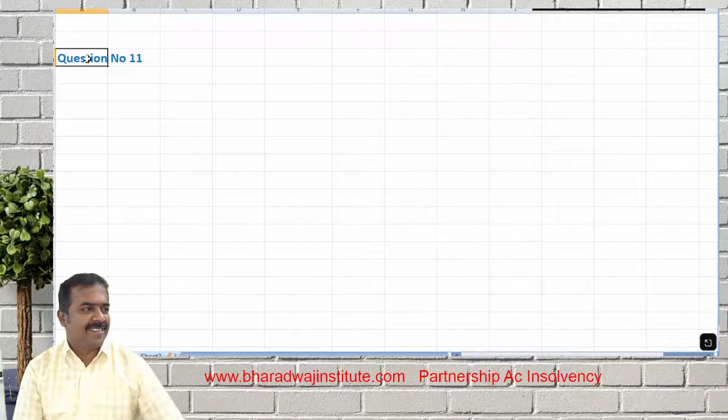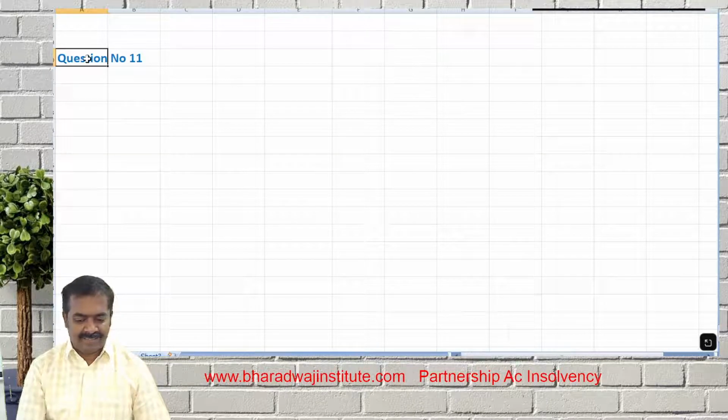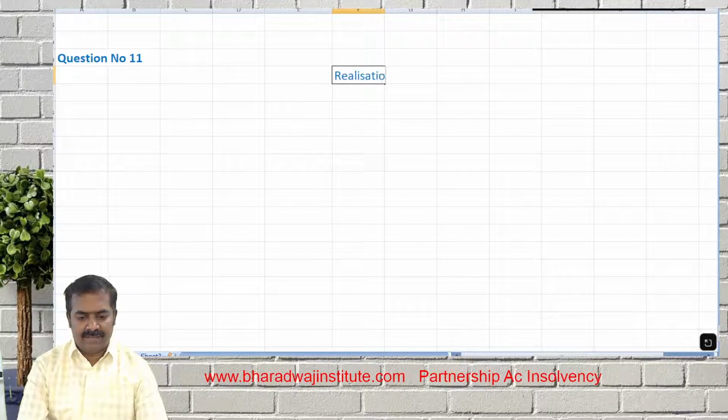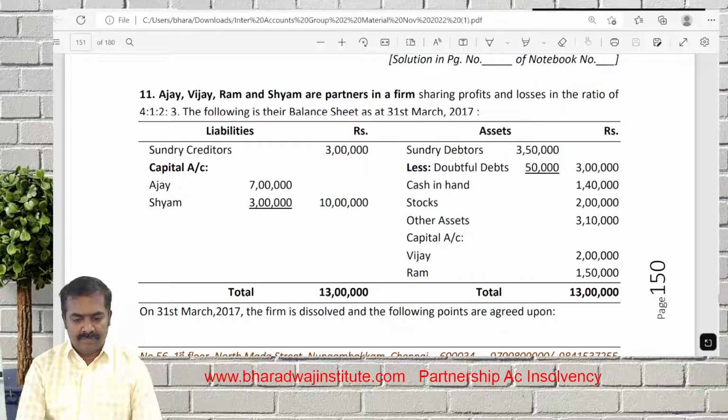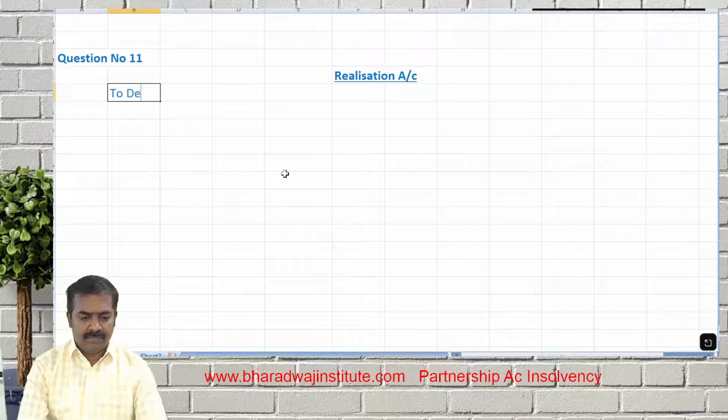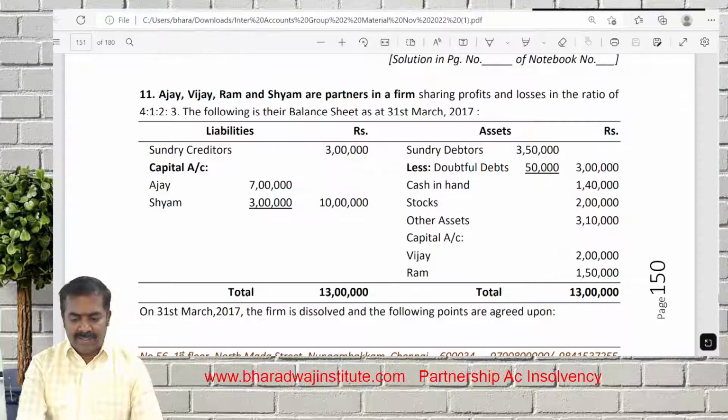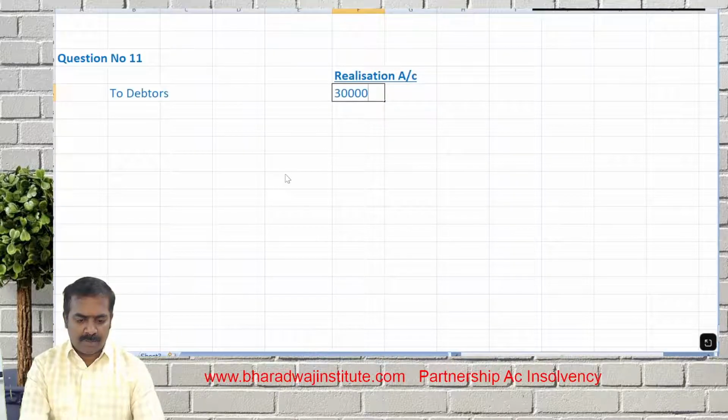Just push button. Debtors, there are two methods. One is you can put the gross amount, debit 3,50,000, credit provision, or directly you can take 3 lakhs also.